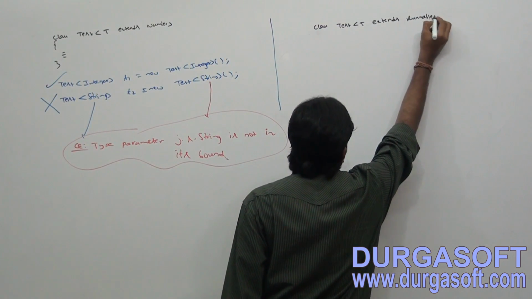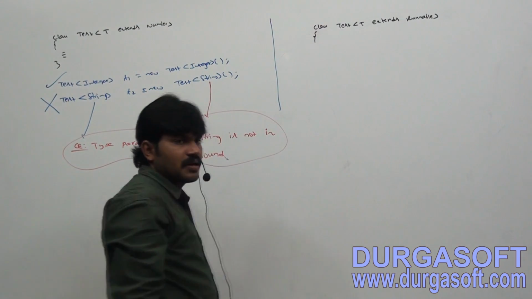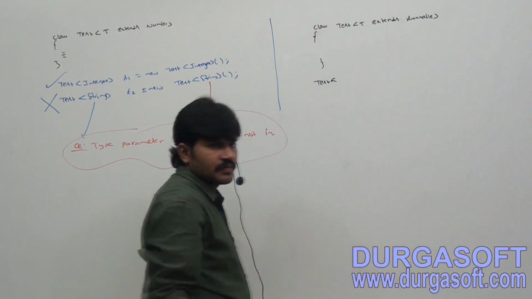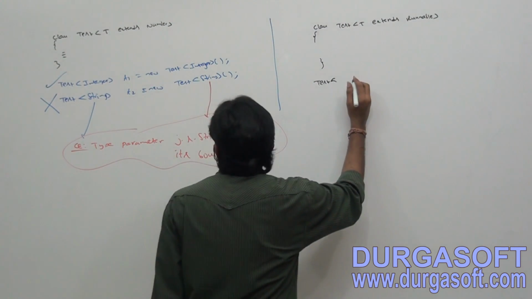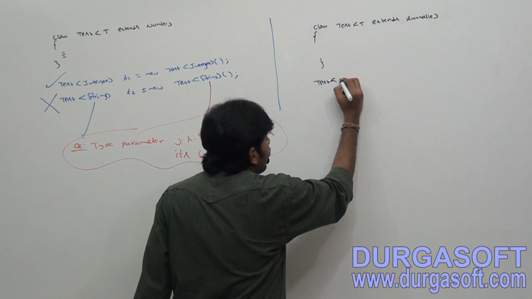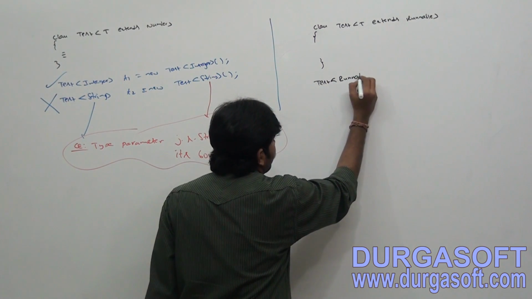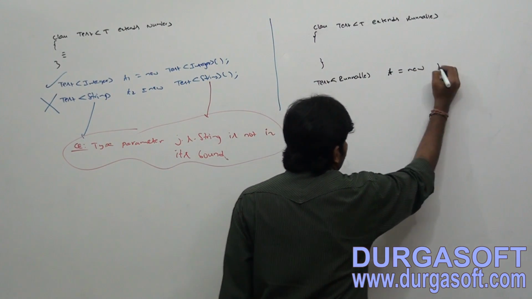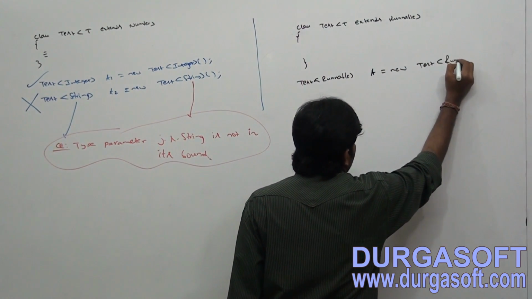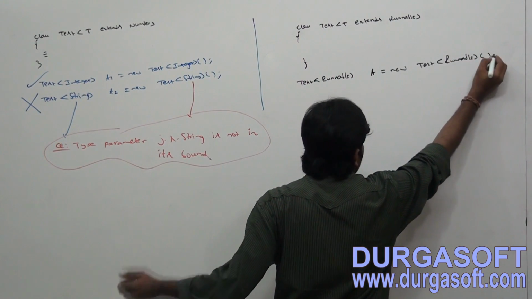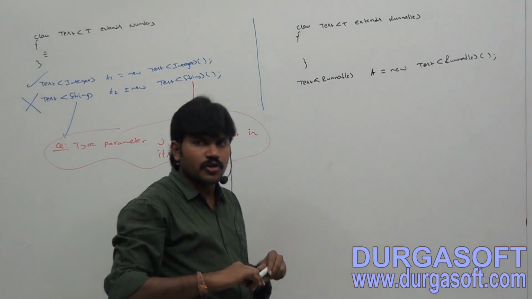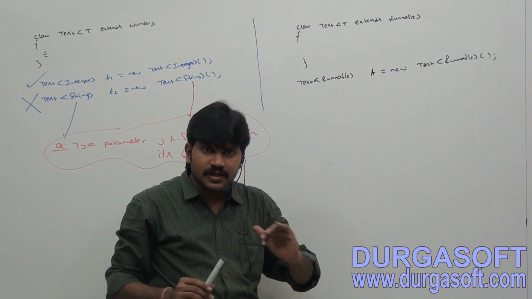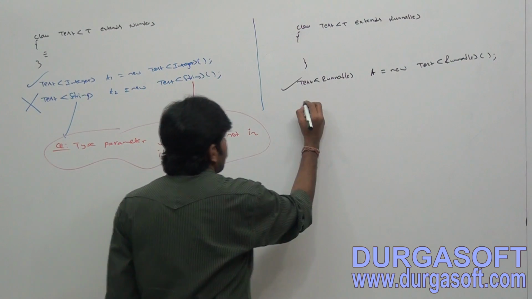Now I want to create objects like this: Test<Runnable> t = new Test<Runnable>(); can you tell, is it valid or not? Yes, either Runnable or its implementation classes we can pass. That's why it is valid.